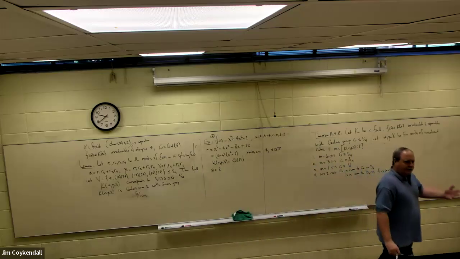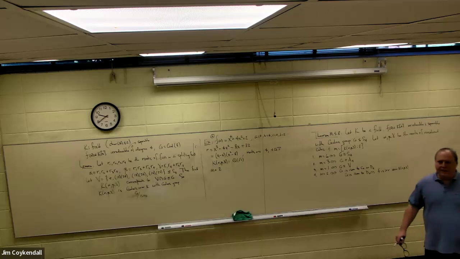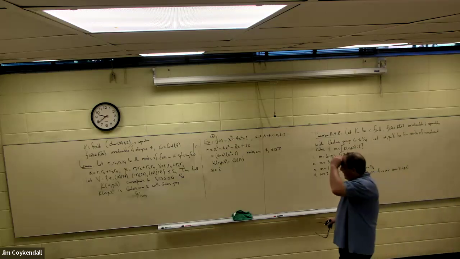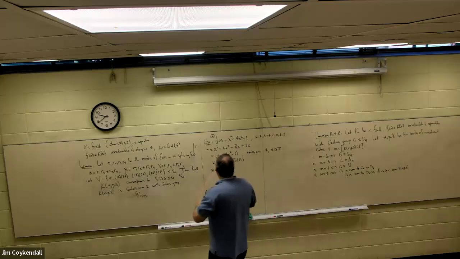So this is this bifurcated thing here. So already I know it's either cyclic of order 4 or it's dihedral, right? So let's look at f of x.